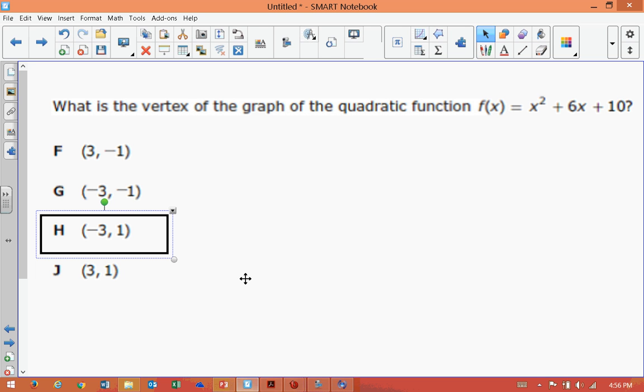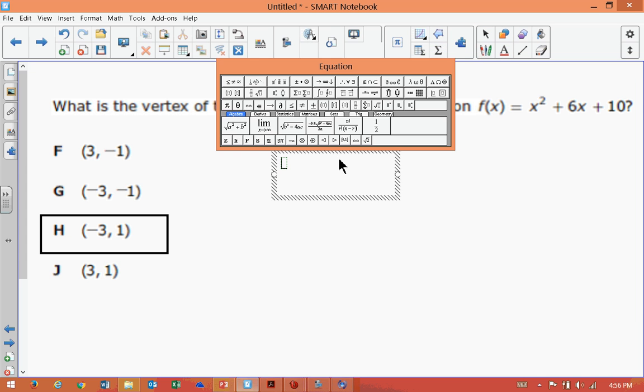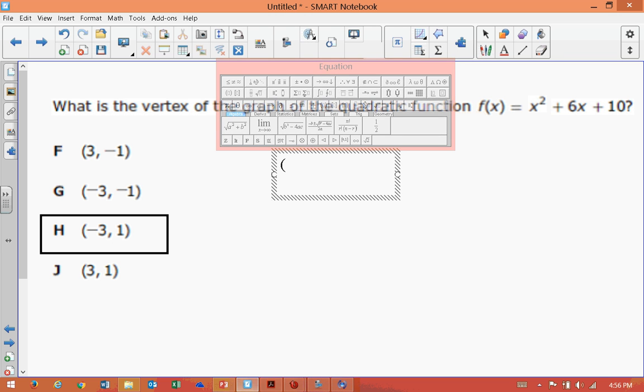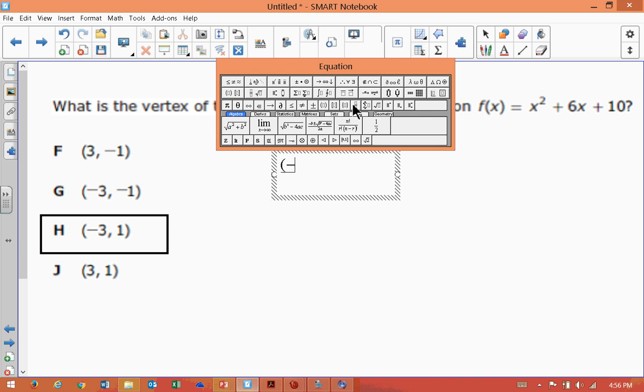Now, this is a way to find it without the calculator, just using the formula. The formula for the vertex is the point (-b/2a, f(-b/2a)).